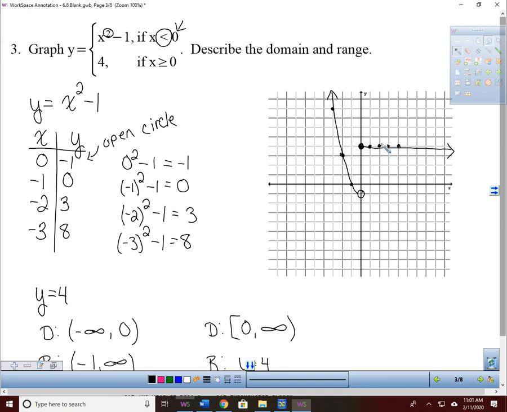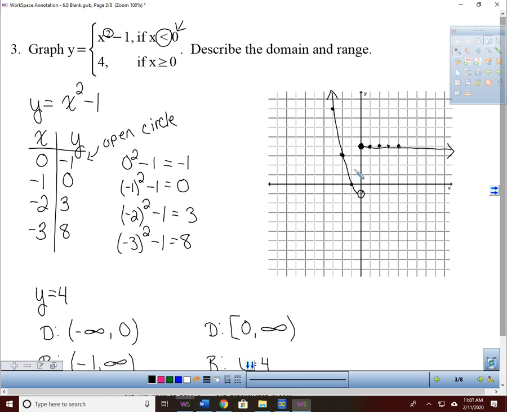We only have one x-intercept, which is at -1, 0, and we have one y-intercept. Now you'd like to say that there are two, but does this one really count as a y-intercept? No, because there's an open circle there. This is the only one that actually touches the y-axis. So that would be at 0, 4. We'll write that down in just a second.